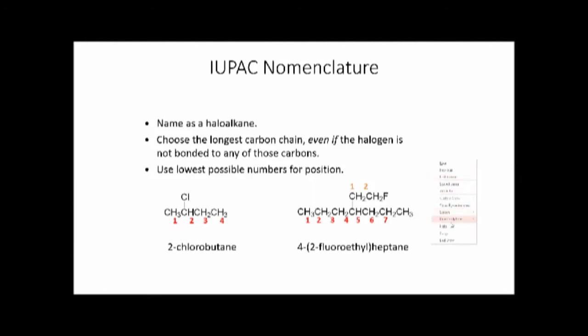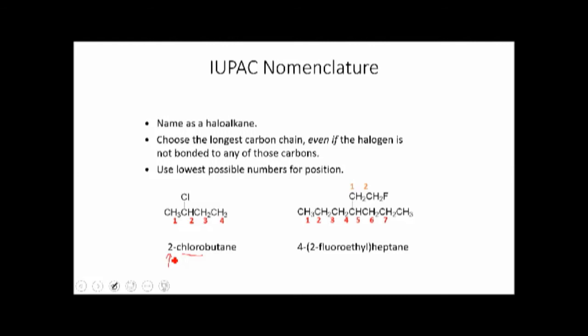It is the same as naming an alkane, where you find the longest chain first. Then you find which halogen it is and which carbon it is located on, and then you stitch them together.